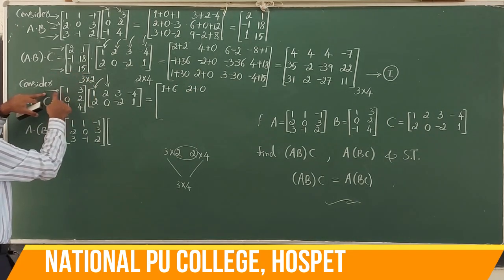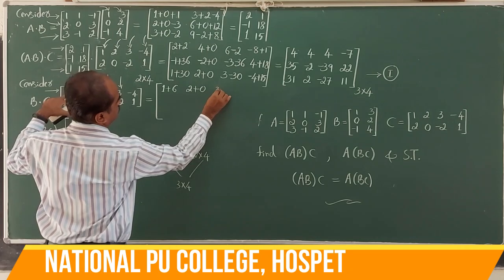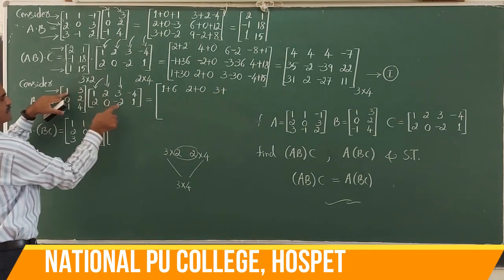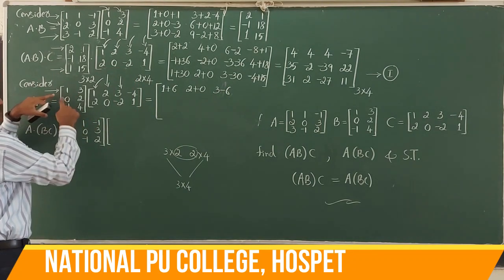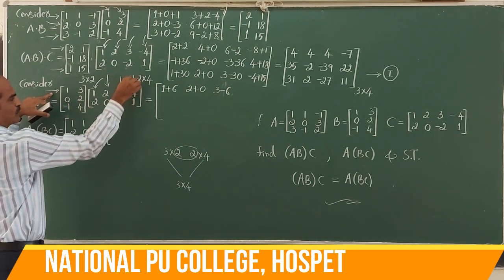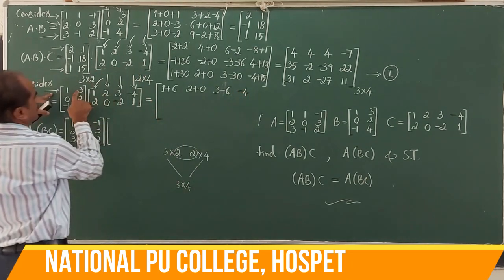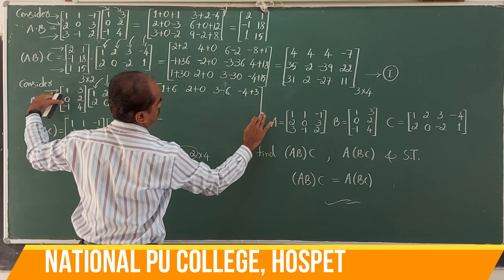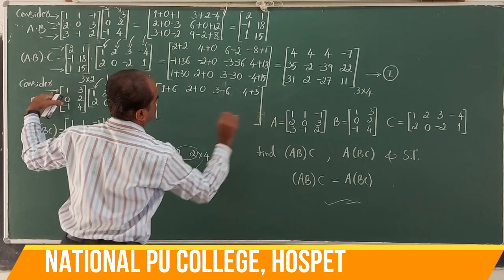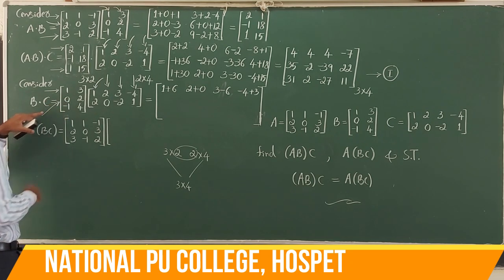First row, third column: 1 into 3 plus 3 into minus 2, minus 6. First row, fourth column: 1 into minus 4 plus 3 into 1. Now, second row elements.